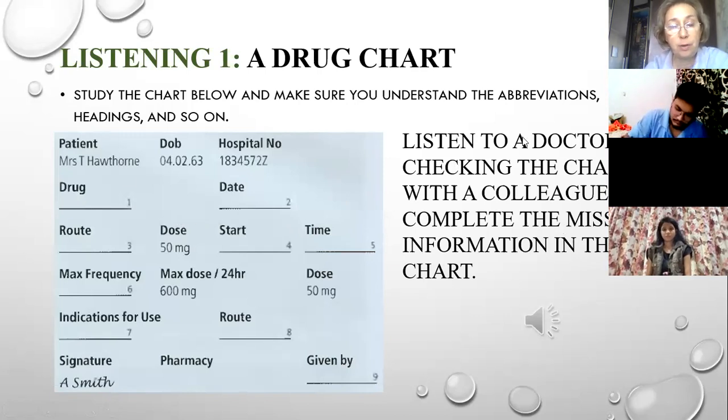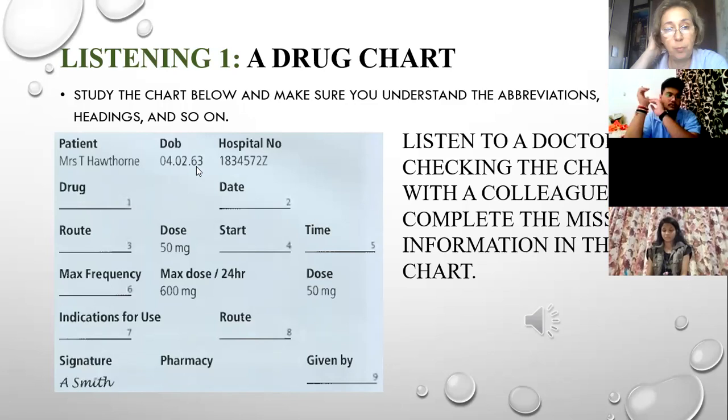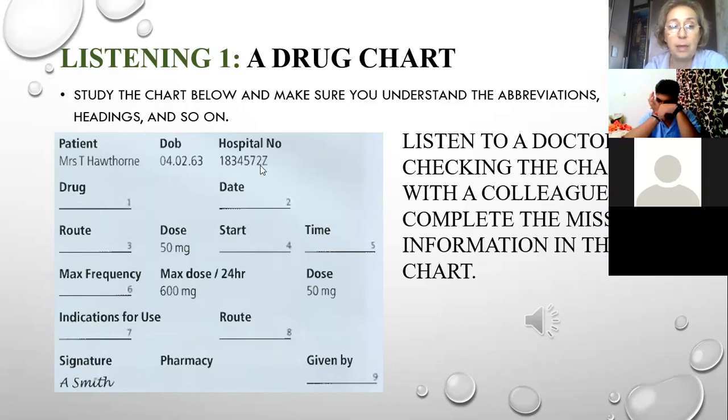You see that first the name of the patient is given here. Her name is Mrs. T. Hawthorne. Then there is DOB. What do these letters stand for? DOB. Date of birth. Exactly. Then there is a gap.